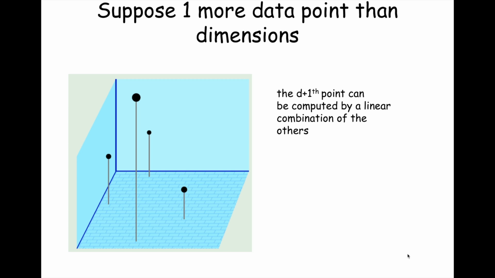Here, we have a 3-dimensional representation. So we have 3 features: the first feature, the second feature, and the third feature, right? One of the arrangements we're going to choose is a data set that has 1 more data point than you have dimensions. Here we have 3 dimensions, and so we're going to construct a data set consisting of 4 data points.